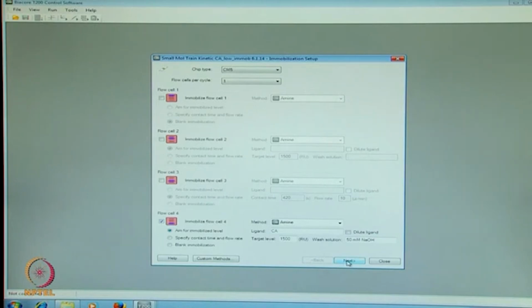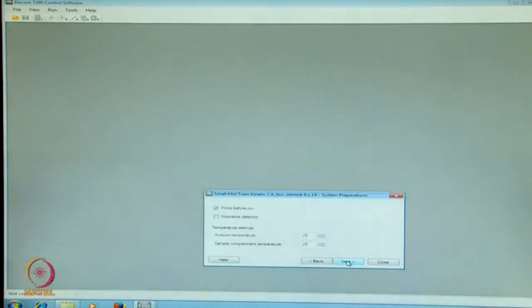We go to the next tab, prime before run is highlighted here, analysis temperature at 25.